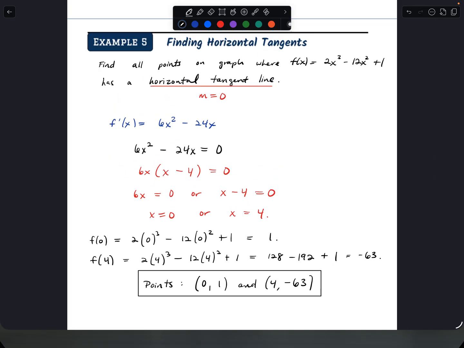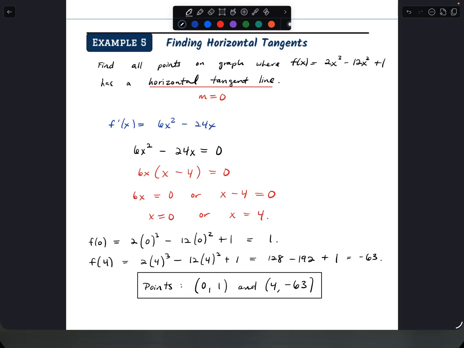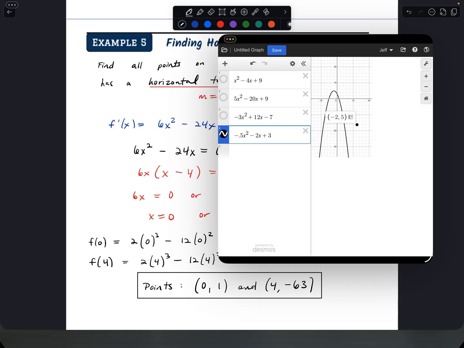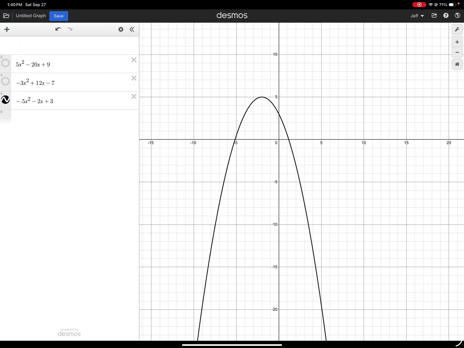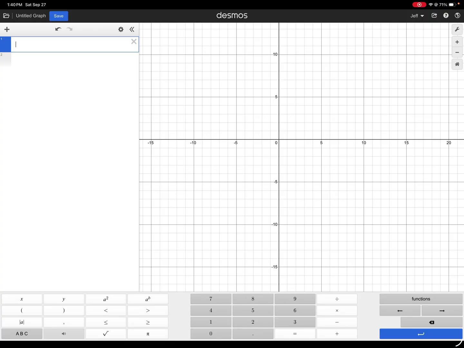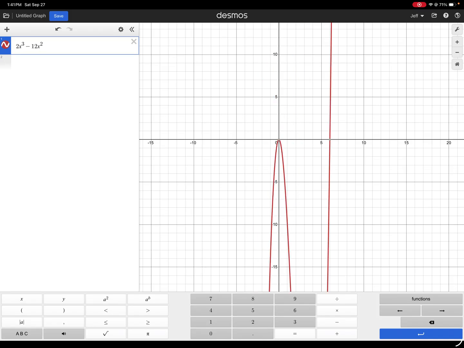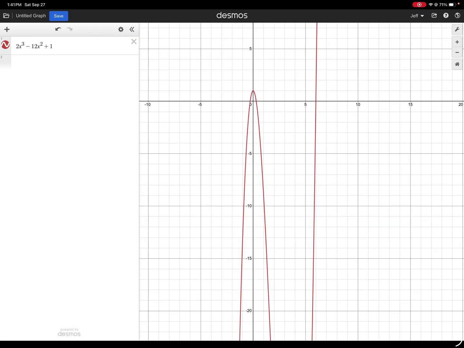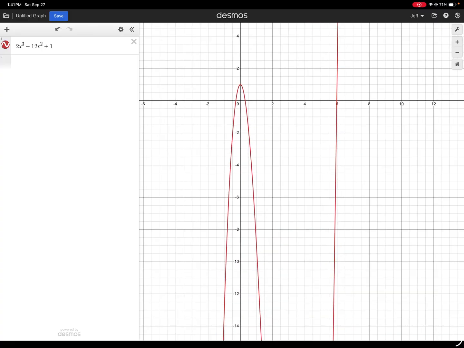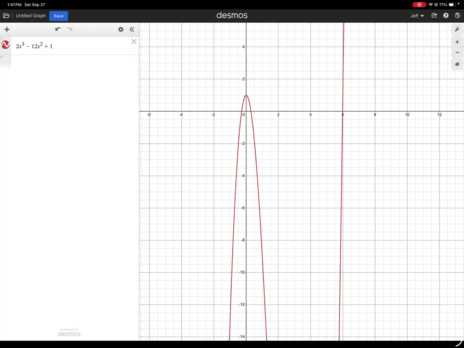Okay, so since I'm recording this on the video and we're not in class, I can actually show you guys what this looks like. So if I graph this, 2x cubed minus 12x squared plus 1. Now, what I want you guys to notice, which is kind of cool, is right here at x equals 0, if I drew a line through that point, 0, 1, there would be a horizontal tangent line.